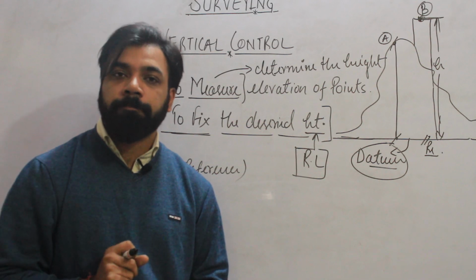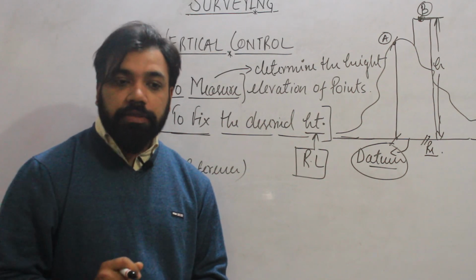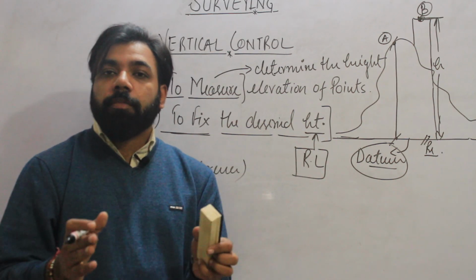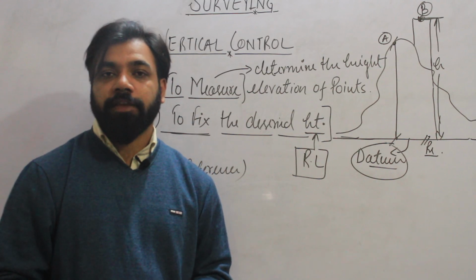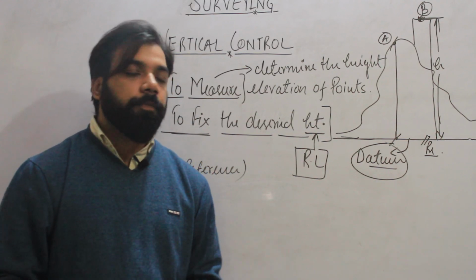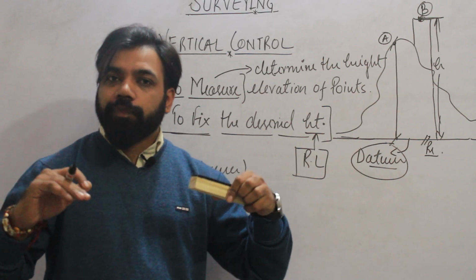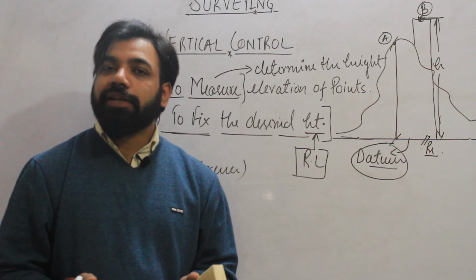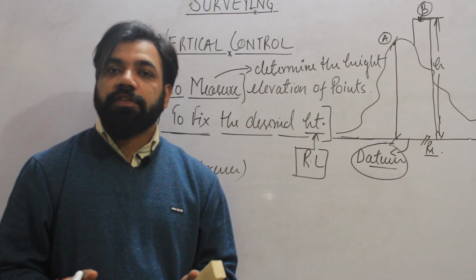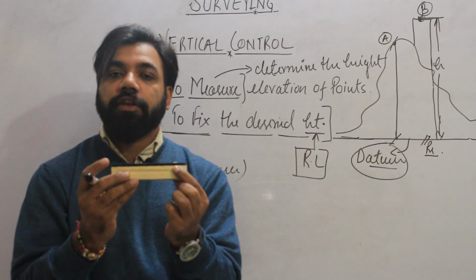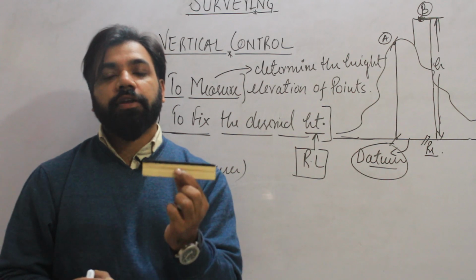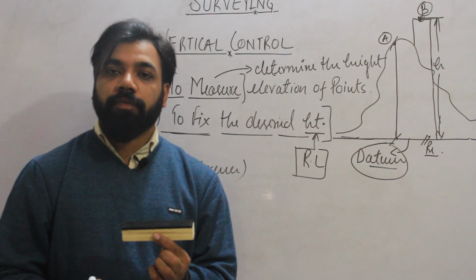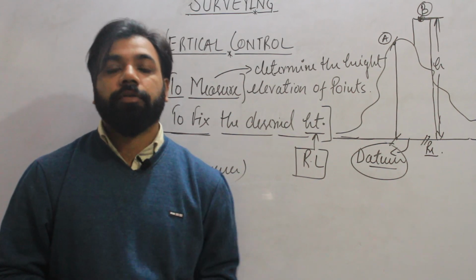So these are the two conditions in which we have to determine our datum. First let's see, if my area of survey is very small. For example, as I'm standing in this room, this is a very small area. So I can take my reference as a straight line because it does not affect much. Are you getting my point?